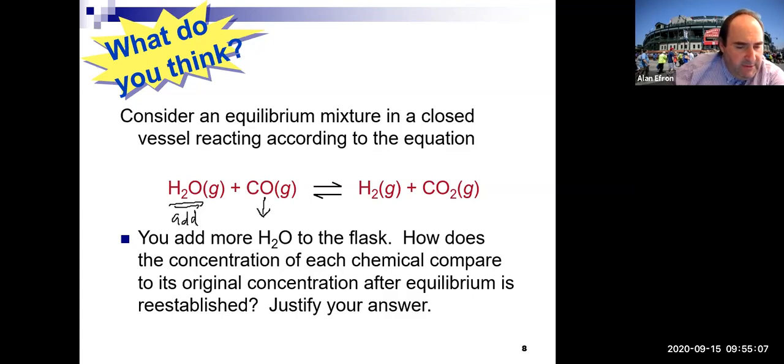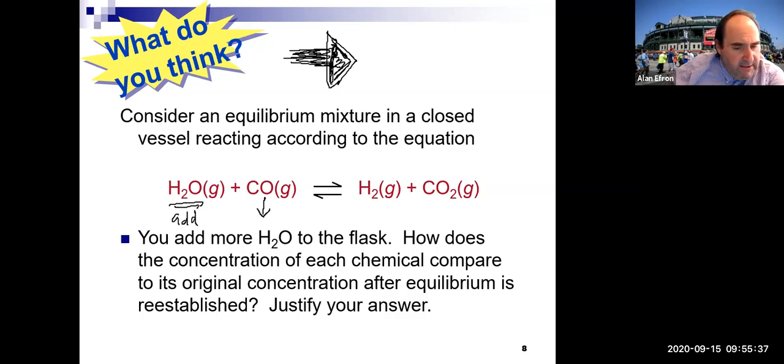And that is because when we have this reaction at equilibrium and we add more water, what that's essentially going to do is provide more water available to react with CO, and that's going to initiate the forward reaction to take place. Again, availability of reactants to react with each other is going to make that forward reaction happen.